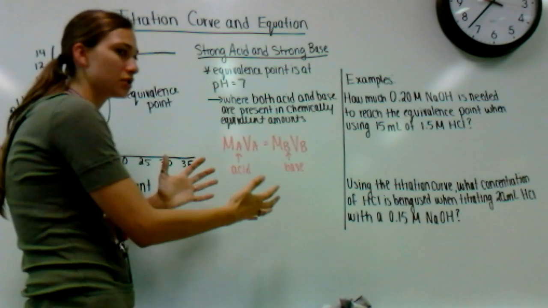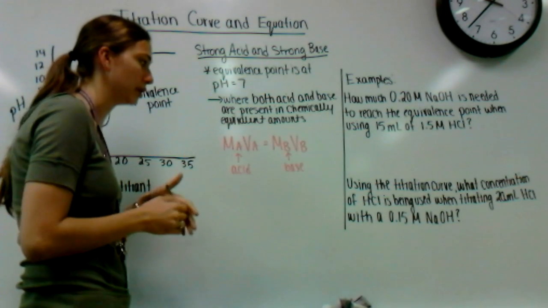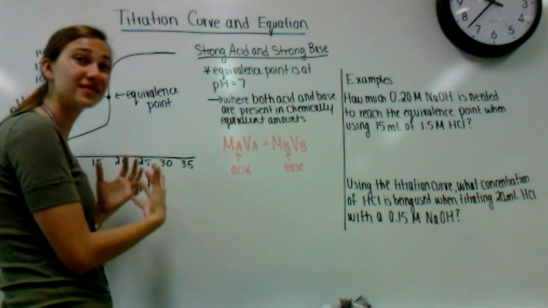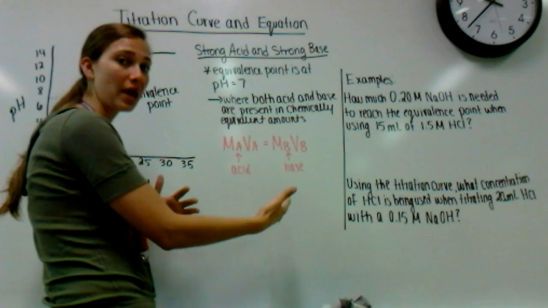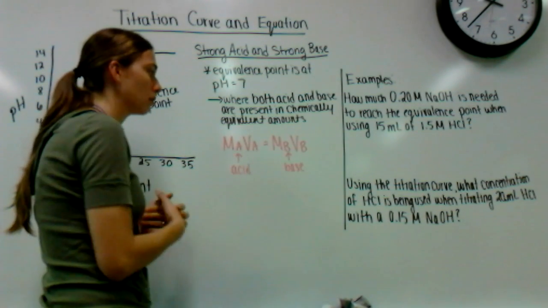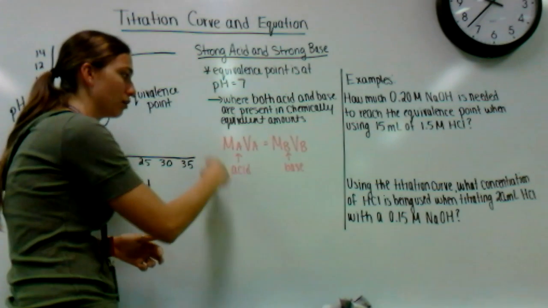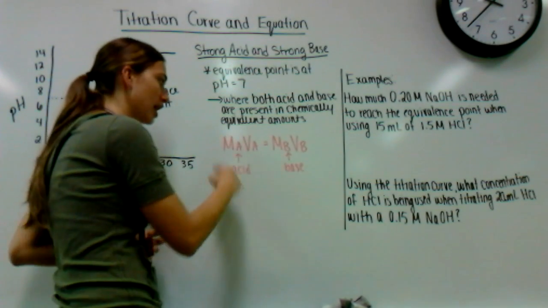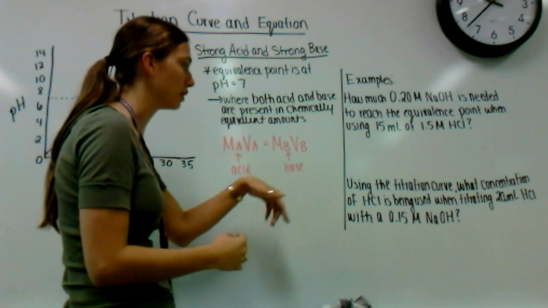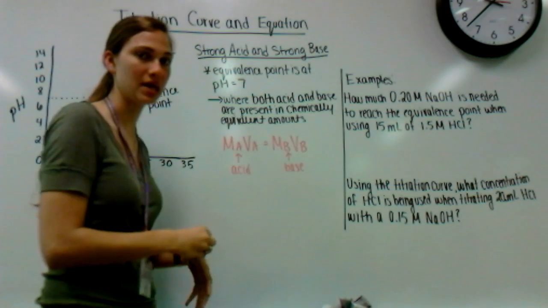Now, there's an equation that goes along with this. This equation is MAVA is equal to MBVB. It's very similar to our dilution equation because now we're kind of diluting an acid with a base. So instead of M1V1, we're going to use MAVA, which means the molarity or concentration of the acid times the volume of the acid is equal to MBVB, or the concentration of the base times the volume of the base.